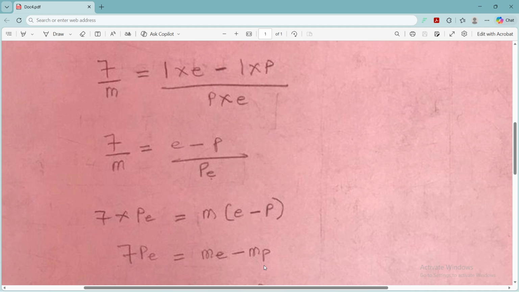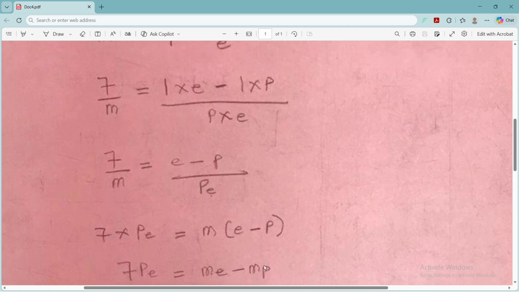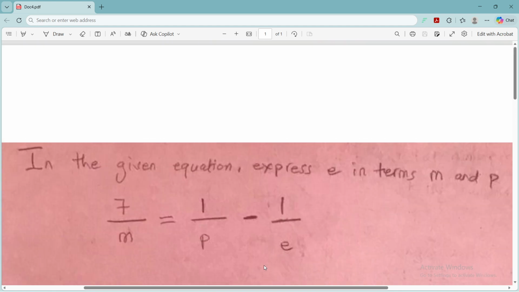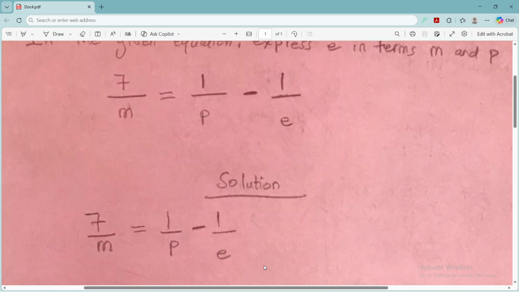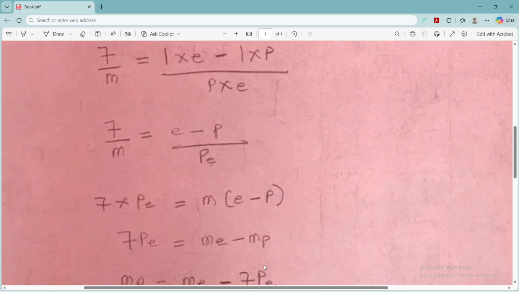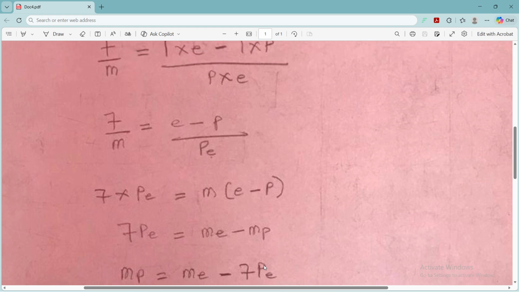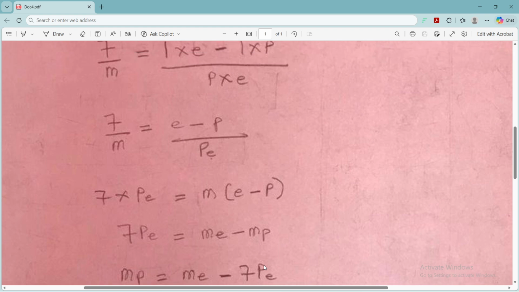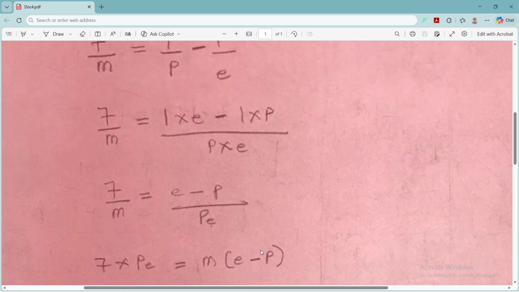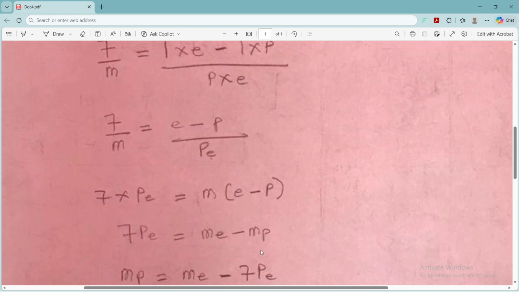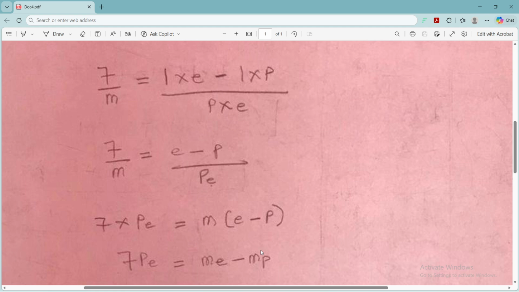So based on the preamble of our question, we were tasked to express E in terms of M and P, right? So we were tasked to make E the subject of the relation. That's the meaning, right? So we've gotten our equation to be 7PE equals ME minus MP, right?